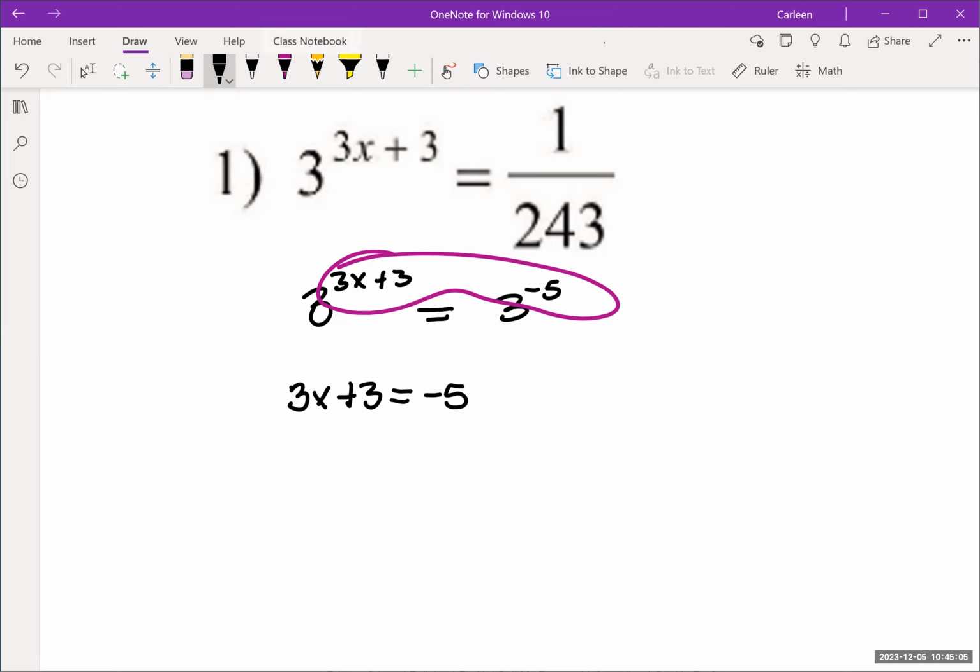Then we subtract 3 from both sides. 3x is equal to -8.